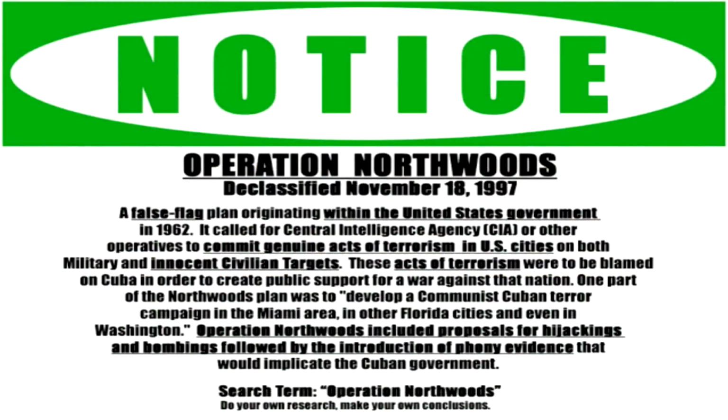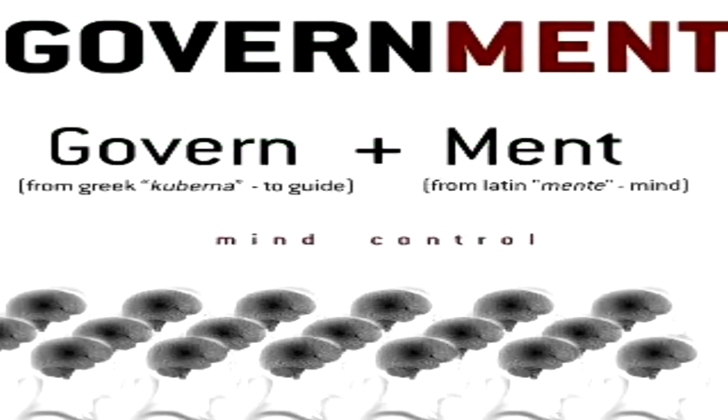In the Northwoods document, it actually refers to the USS Maine false flag pretext to the Spanish-American War. It reads, quote, "A Remember the Maine incident could be arranged in several forms. We could blow up a ship in Guantanamo Bay and blame Cuba, or we could blow up a drone anywhere in Cuban waters."